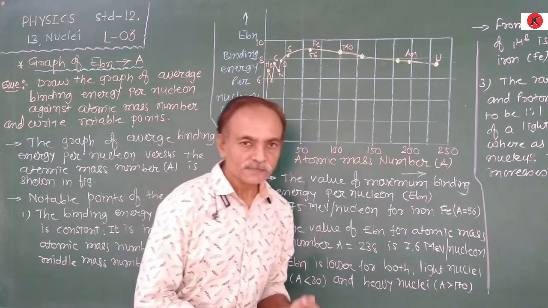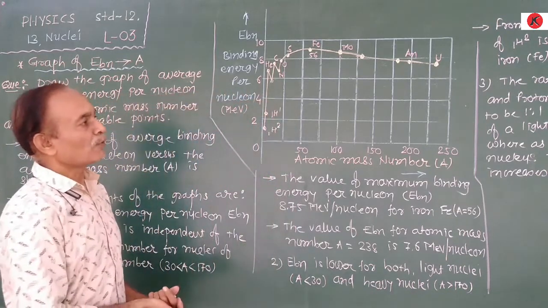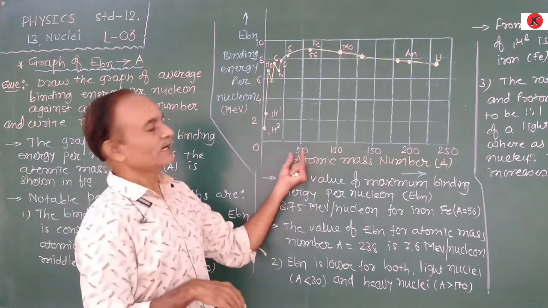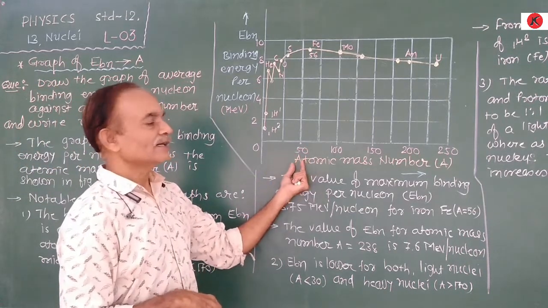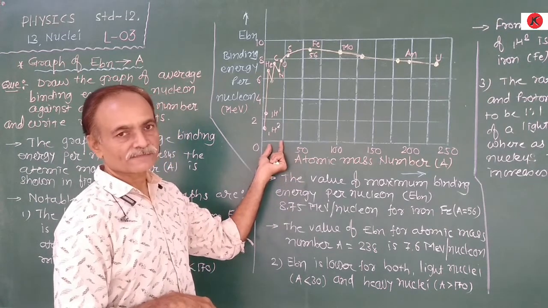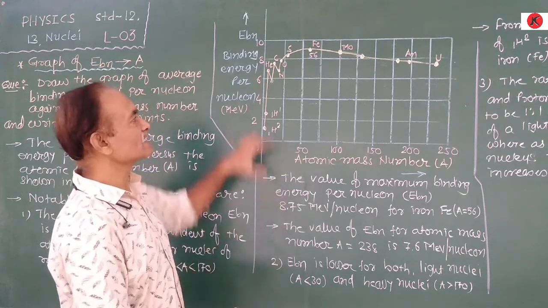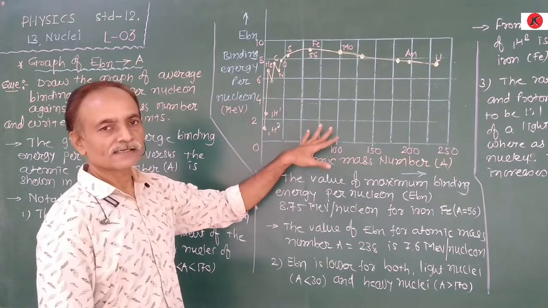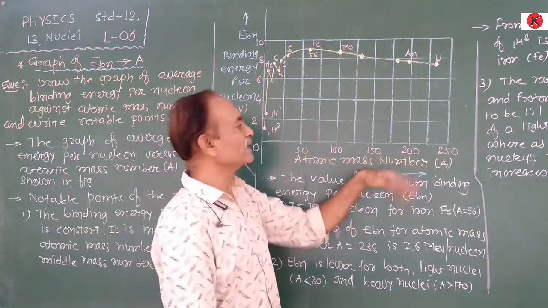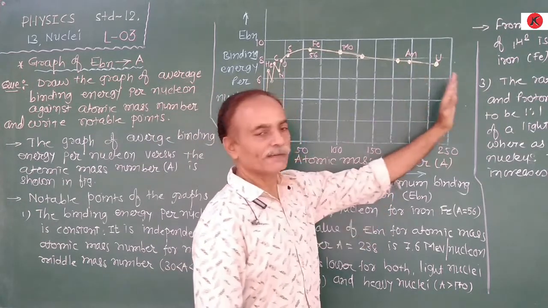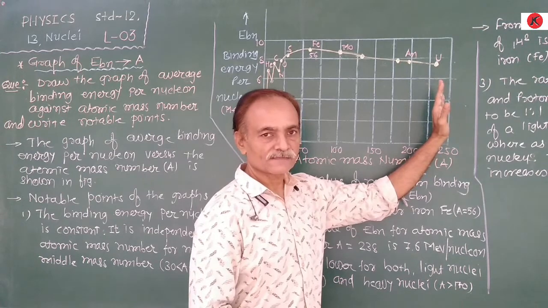Now, what are the notable points of this graph? From the graph, it is shown that for light nuclei, that means nuclei having atomic mass number less than 30, the binding energy per nucleon is less than 8 MeV. The same holds for nuclei having atomic mass number more than approximately 170.